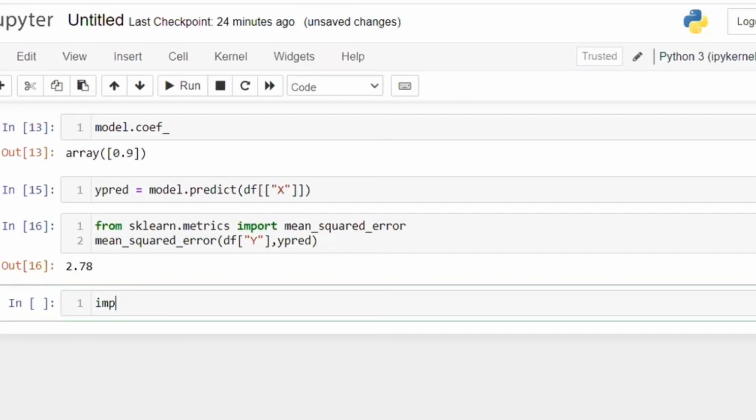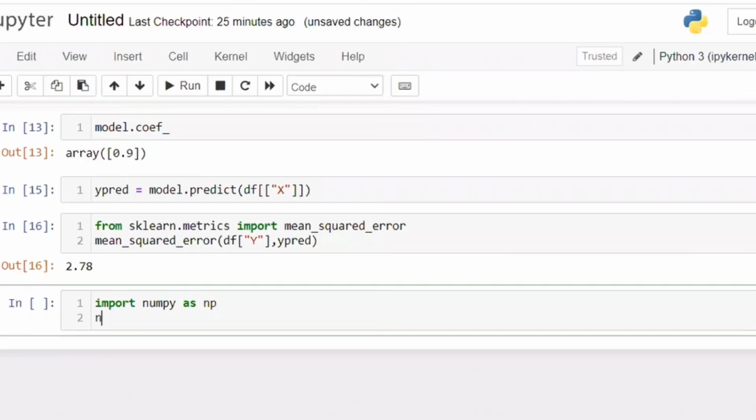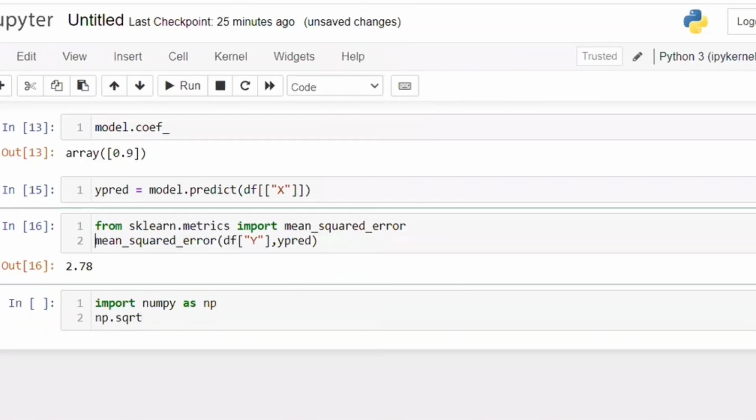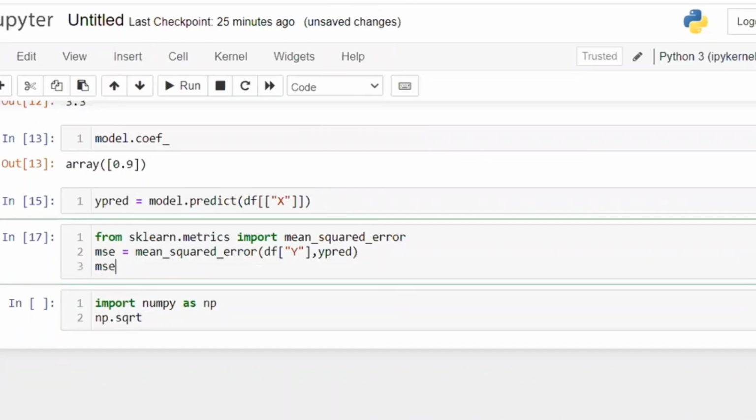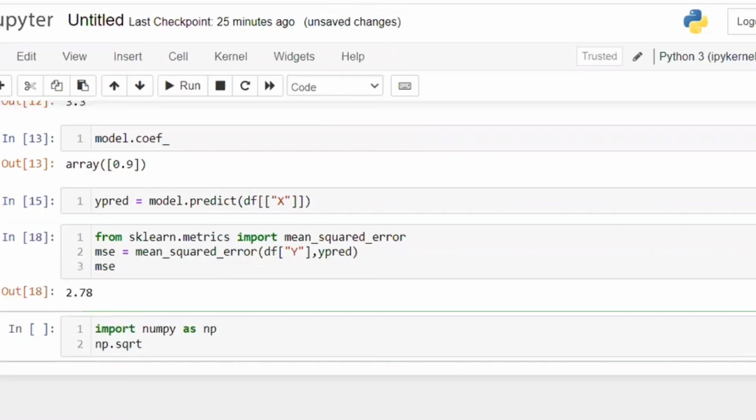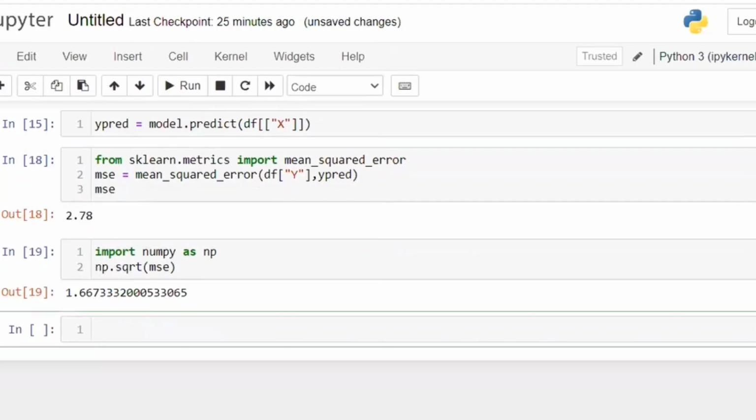So for that, how do we calculate RMSE? Import numpy as np and use np.sqrt of whatever the MSE is. I am going to store this in the MSE variable. This MSE will be 2.78, and I take the square root of it, which is called RMSE.